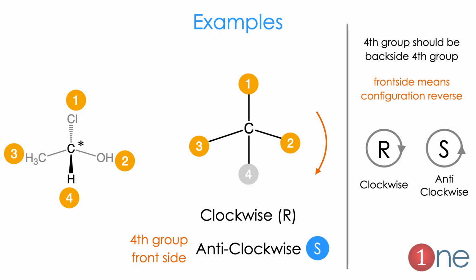But if you trace it, it will be the clockwise direction, but the hydrogen is on the front side, so the real configuration will be reversed. So the real configuration will be anti-clockwise direction. So don't forget, this is very very important. Hydrogen on the front side means the configuration is reversed. The fourth preference group should always be on the back side. So don't forget it.